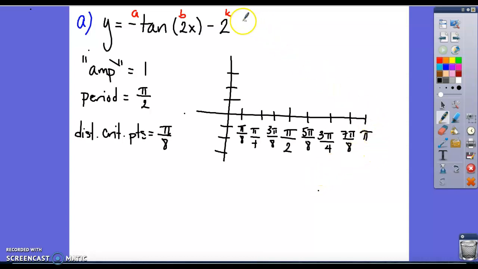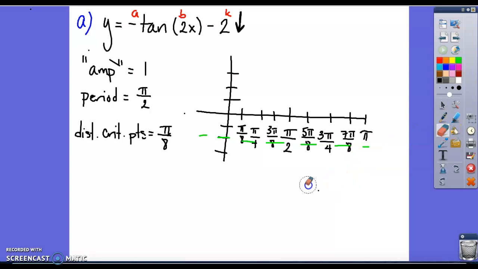Okay, I do have this vertical translation here, which means that my midline has shifted. My midline is no longer my x-axis. It is shifting down 2 units.